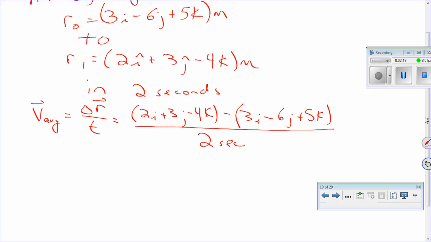Straight line, right? And then I'm just dividing by the time it took, except I'm leaving it in unit vector notation. Average speed is way harder to find because then you got to know the length of the path that you traveled to get from here to here, and that's ugly. We're not going to mess with that.